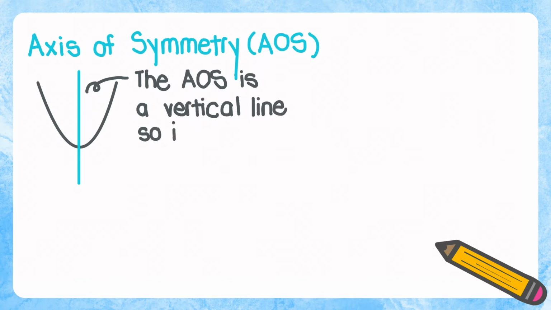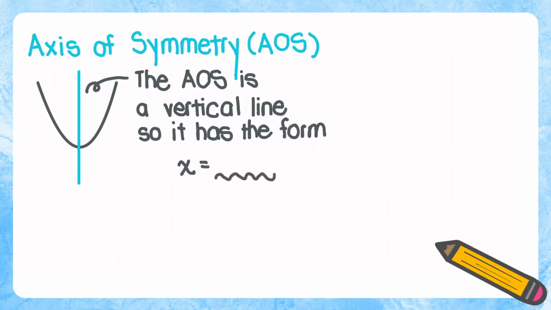Remember from our earlier topic where we talked about vertical lines, they have the form x equals a constant. Again, the AOS will have the form x equals something, where something is a constant.